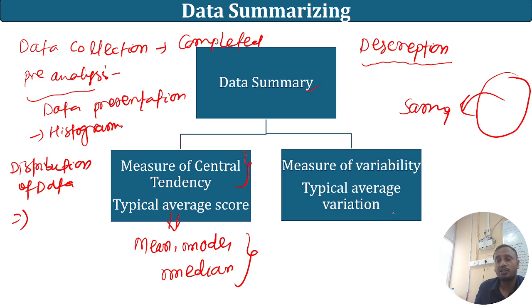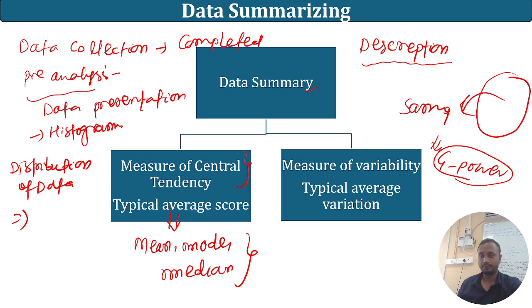We discussed the number of samples in the last class, how to calculate it, and there is G*Power software for sample size calculation. Based on our power and other factors, we get the optimum number of samples to validate the vaccine efficiency or drug efficiency.